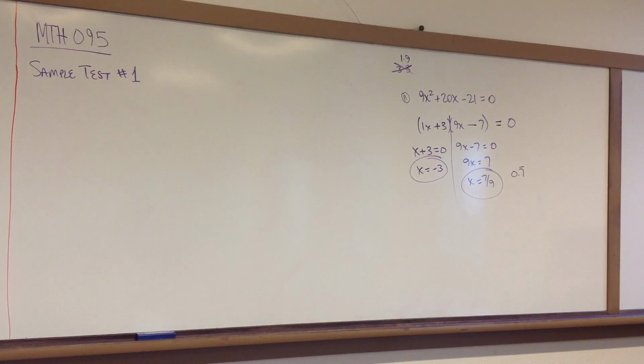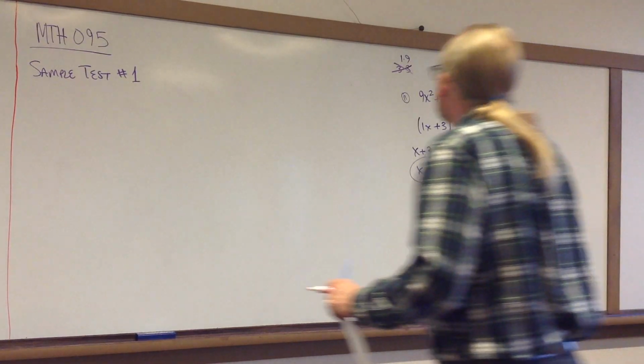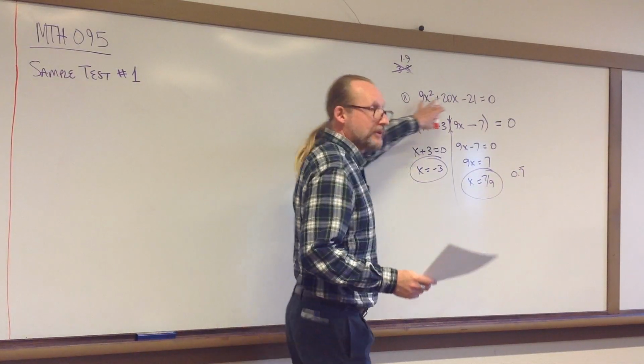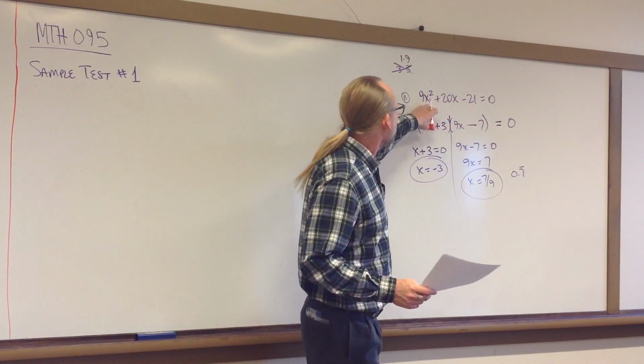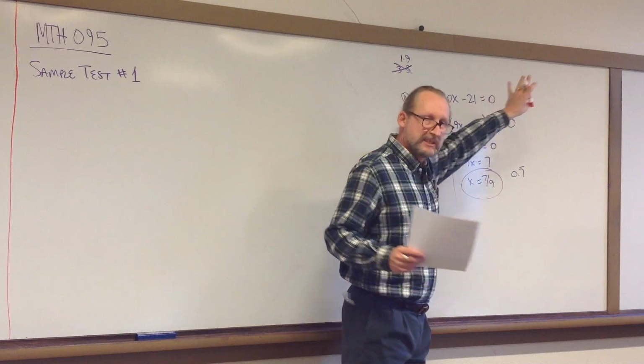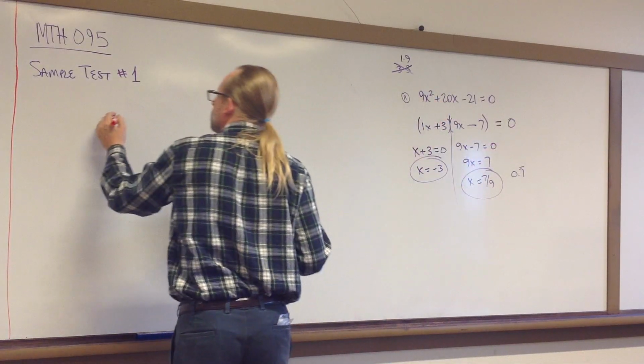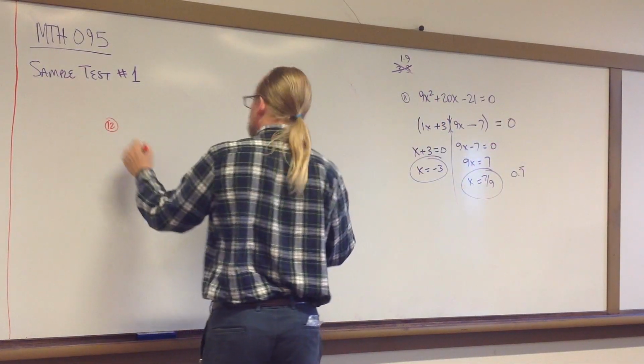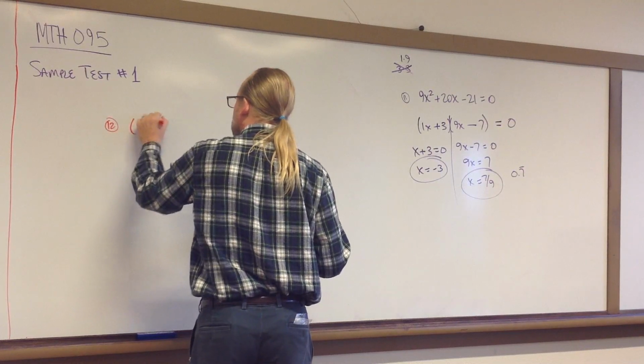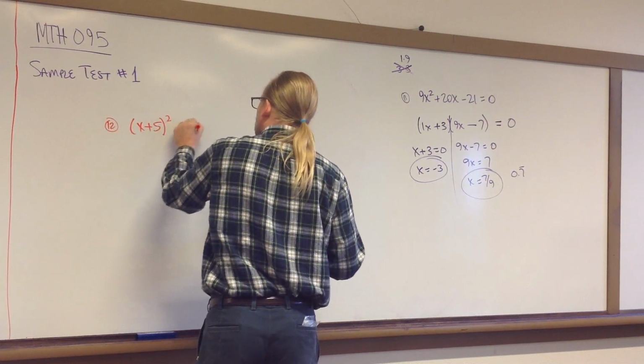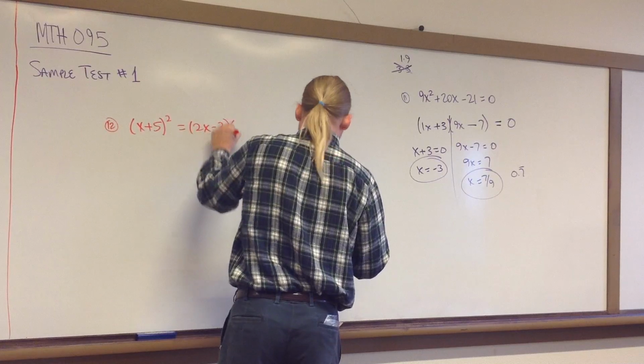Let's see here. Problem 12. Notice that the previous one started out in what's called standard form: ax squared plus bx plus c set equal to 0. In problem 12, we have to take this equation and put it into standard form. So let's go ahead and do that.